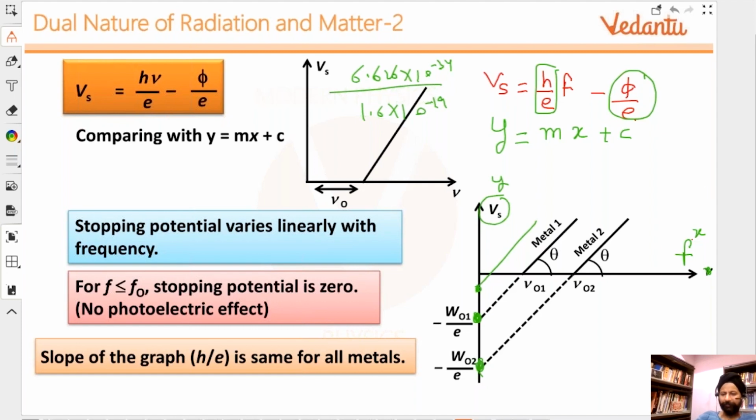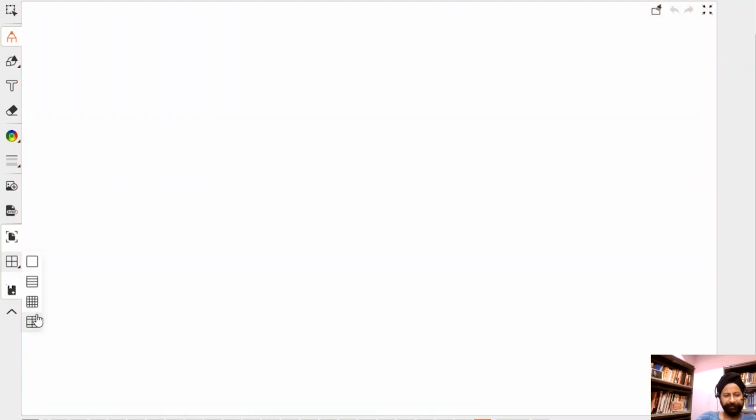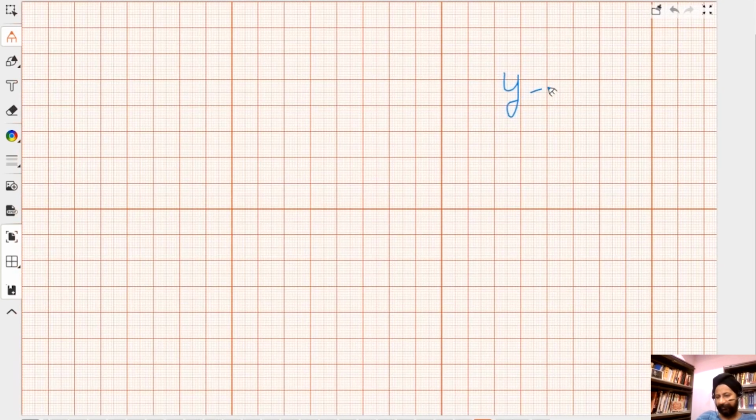Okay. Abhiraj wants to understand more about this slope, so let's take another example. We'll start fresh actually. So let's take another line here. y is equal to minus 2x, and minus 4, let's say. Take both of them negative, okay? This minus 4 means 1, 2, 3, 4.